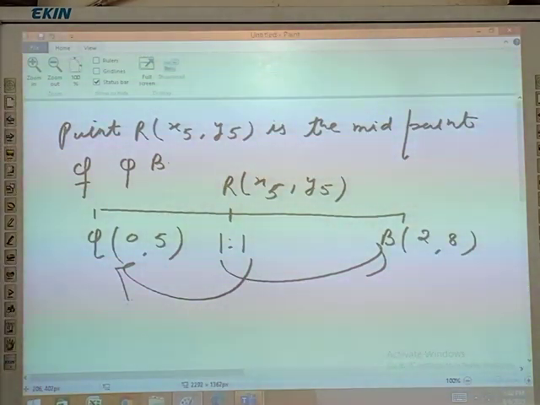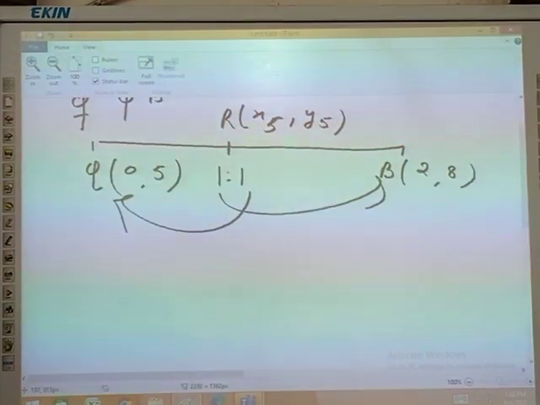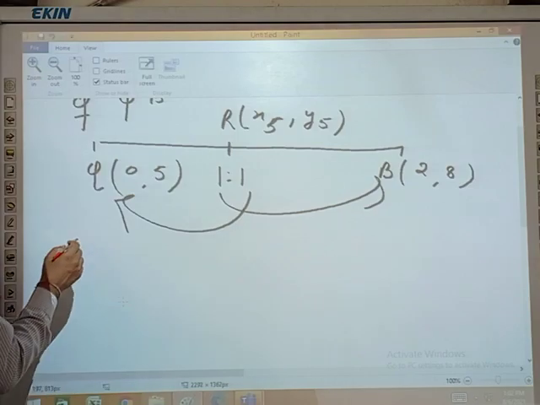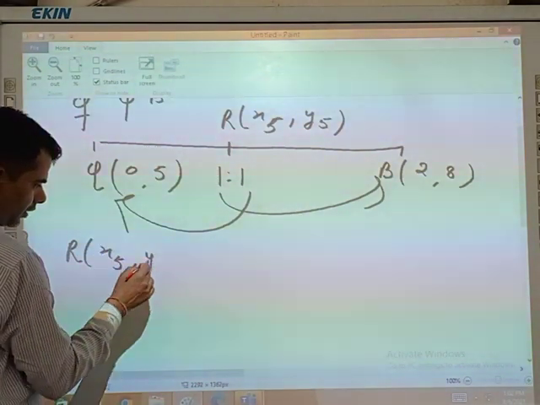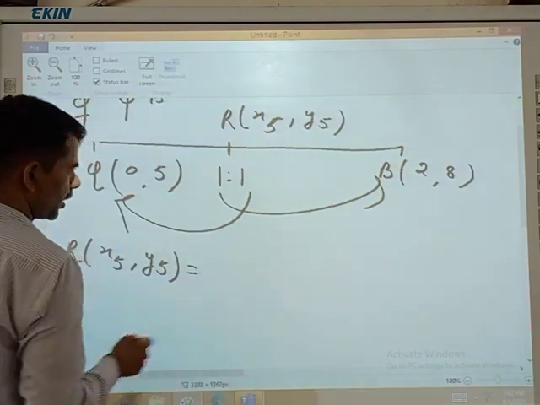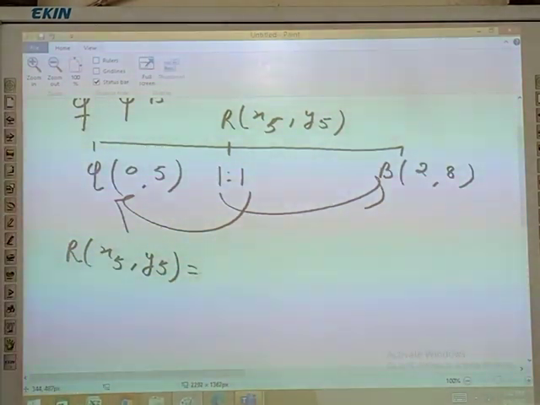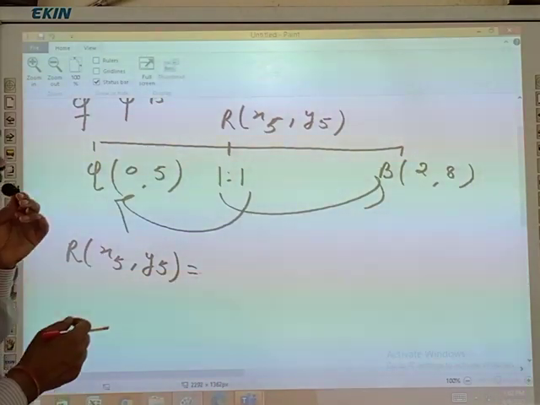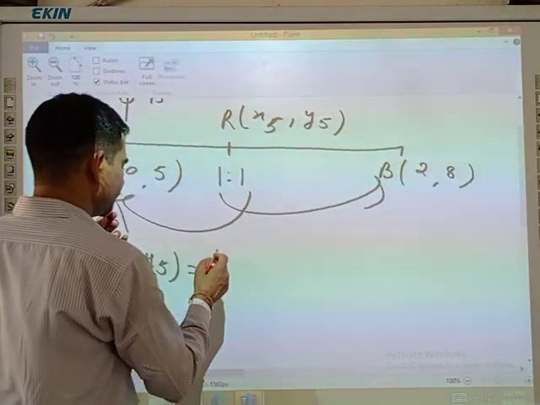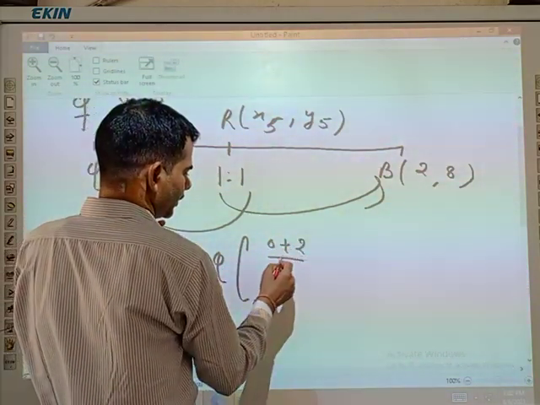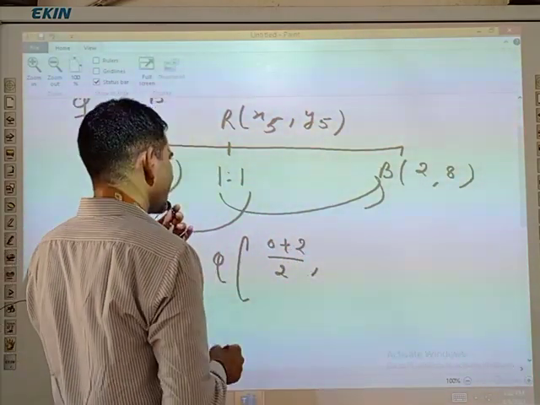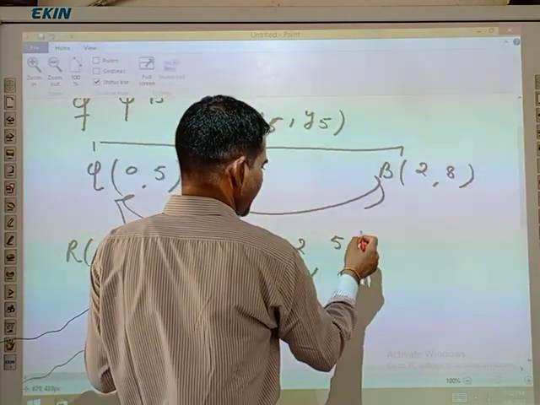If R is the midpoint of QB, now you apply the midpoint formula: (x1 plus x2) divided by 2, (0 plus 2) divided by 2, (y1 plus y2) divided by 2, (5 plus 8) divided by 2.